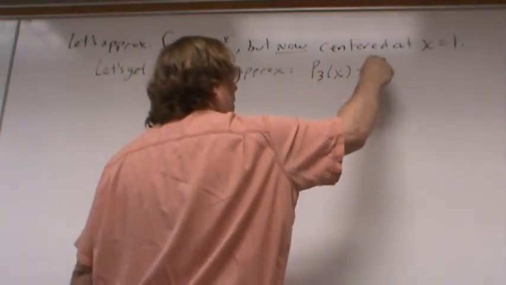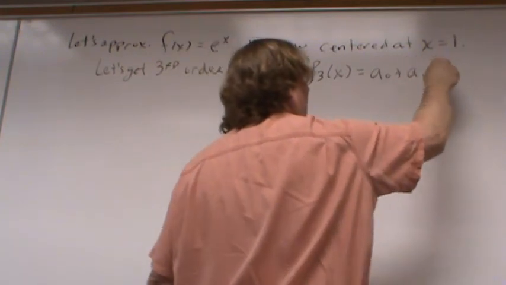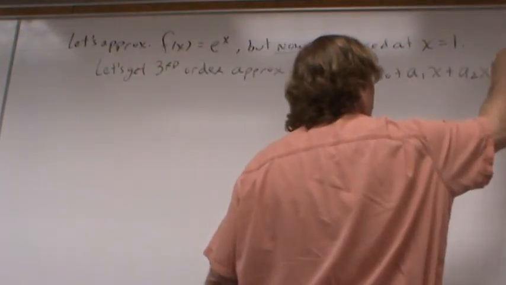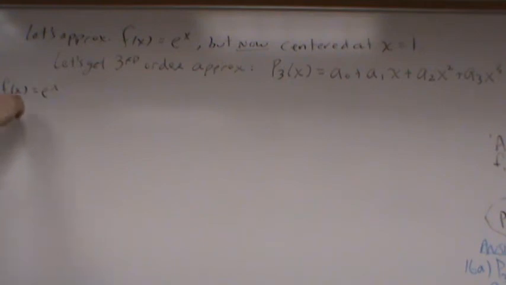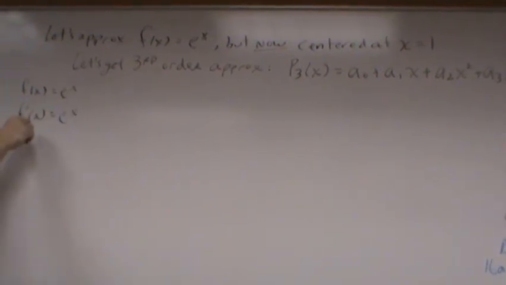P3 of x equals a naught plus a1x plus a2x squared plus a3x to the third. Well, I'm still going to have to get all of the derivatives of f of x, right? f of x equals e to the x, f prime of x equals e to the x, f double prime of x equals e to the x, f triple prime of x, and you don't have to write this down, just watch and enjoy, because you're never going to have to actually do what I'm doing. So it's just enough for you to watch.